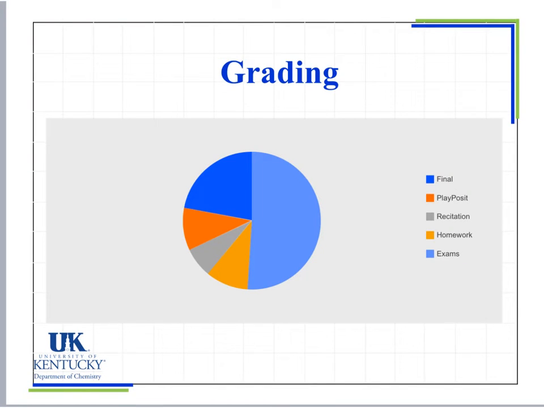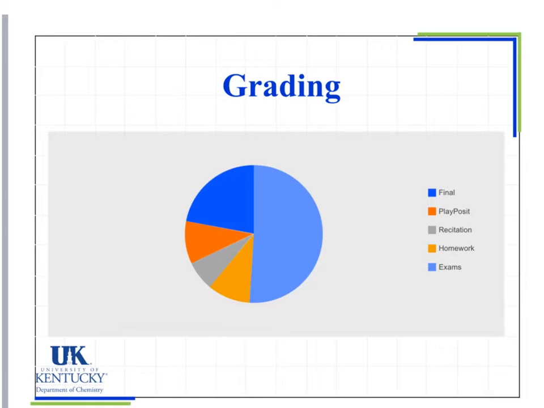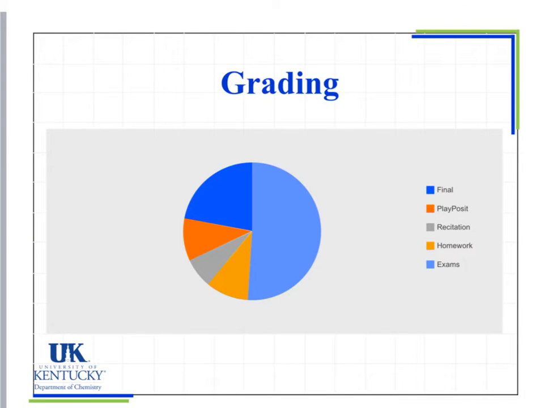So the grading for this course, for some reason this image doesn't show the percentages that I uploaded in there, but the exams are going to be the most. Let me see, okay. So it has 51% for exams. Let me write exams.